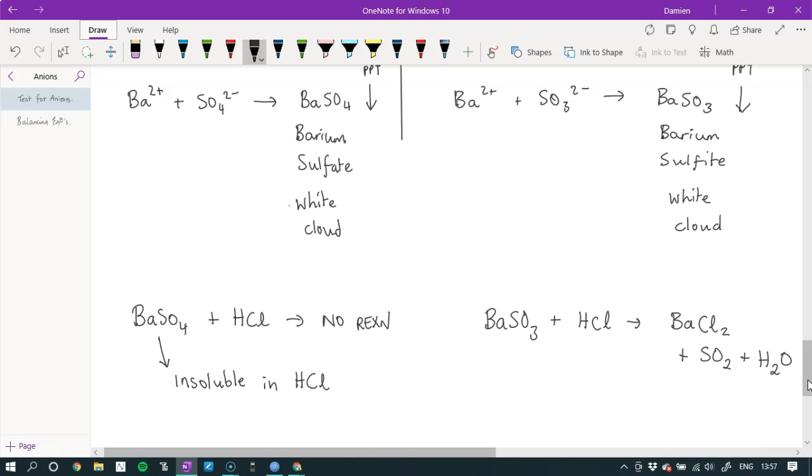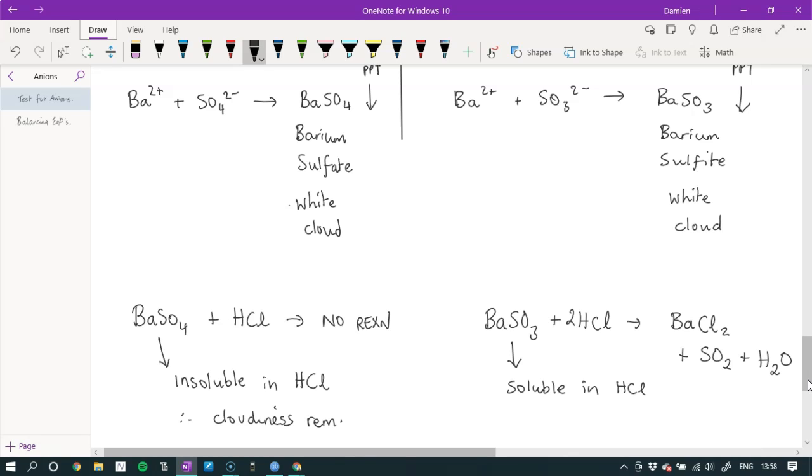And the equation's not balanced, so you probably have to have a 2 in there. So when this is formed, the barium sulfite dissolves in the dilute HCl, or it actually reacts with the HCl, I suppose is another way you can say it. But when it reacts, the cloudiness disappears. So this here is soluble in HCl. So over here, if it's insoluble, cloudiness remains.